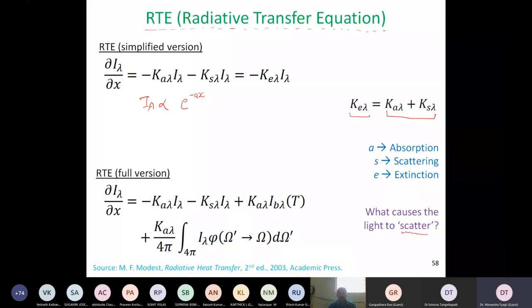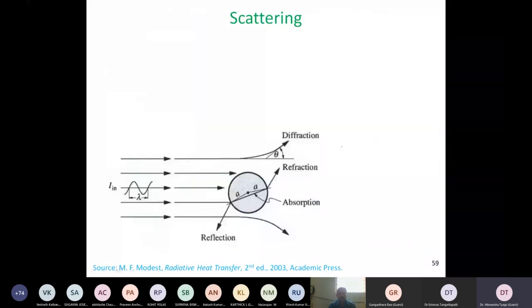So scattering, if we look at it, is a generic term which consists of various individual phenomena that we are all familiar with. Reflection, everybody knows. Refraction, everybody knows. We have studied in high school physics itself. So if there is, let's say, a mirror surface over here, and this is the line along which light is propagating, this is the incident angle, and I can call it theta i.